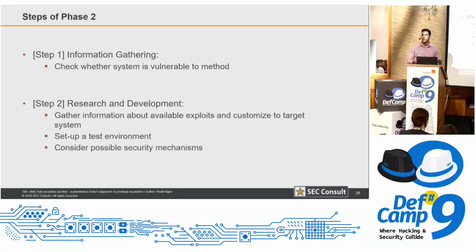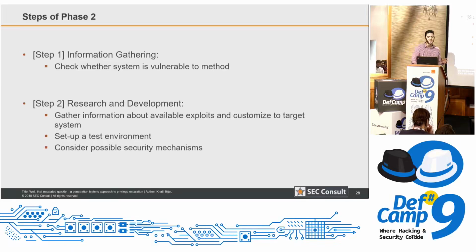In step 2, we will conduct our research and we will develop our exploit. So, for instance, if there is an outdated software, we want to gather everything about the system. We want to know more about the exploit, understand the exploit, and then maybe customize our exploit according to our system. So we have to know which architecture is used and which service pack and so on and so forth.